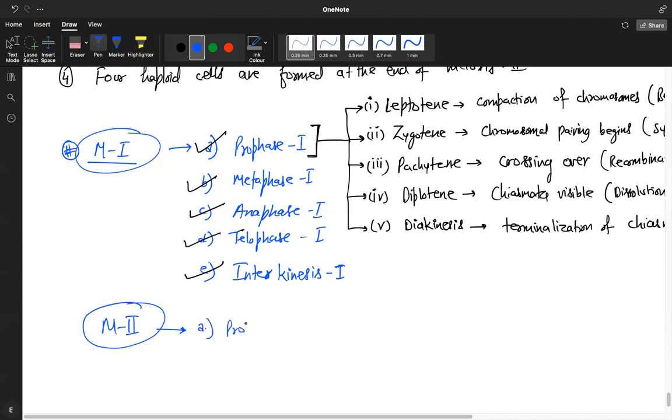So there will be a prophase 2, but this time prophase 2 will not have such elaborate leptotene, zygotene, pachytene, diplotene, right? Because there is no crossing over happening again. It has happened. So DNA also won't replicate, right? So no DNA replication here. No crossing over.